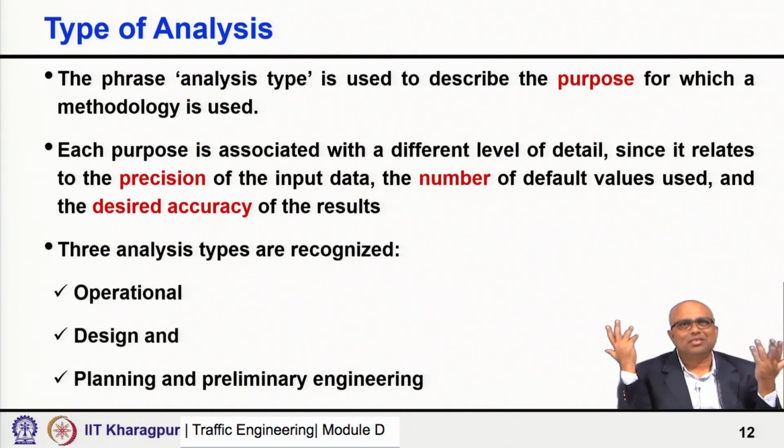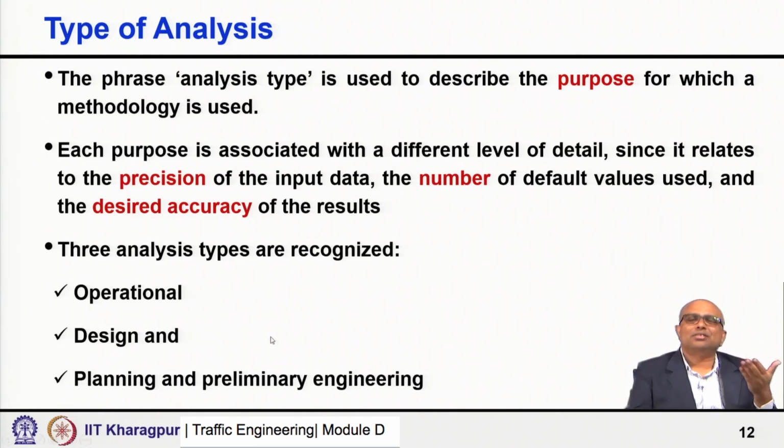It depends on the level of detail, or the purpose. For some purposes a more detailed analysis and higher accuracy is expected, but for certain other kinds of purposes the required accuracy may not be that high.